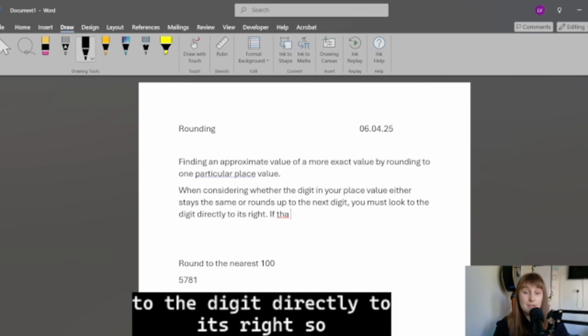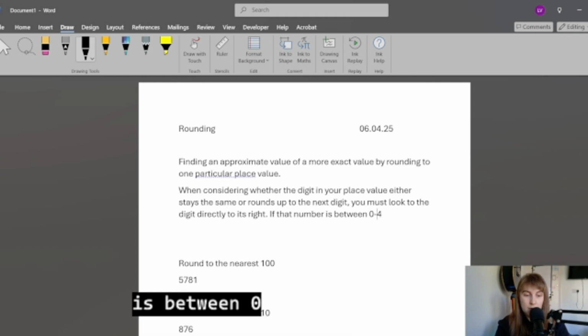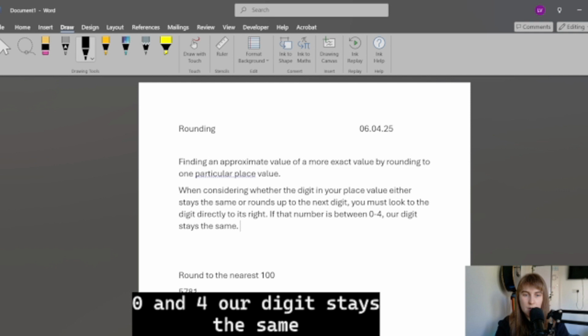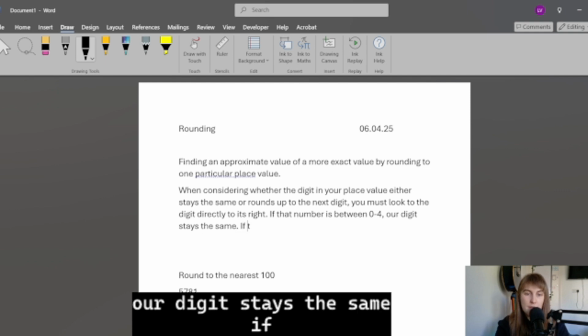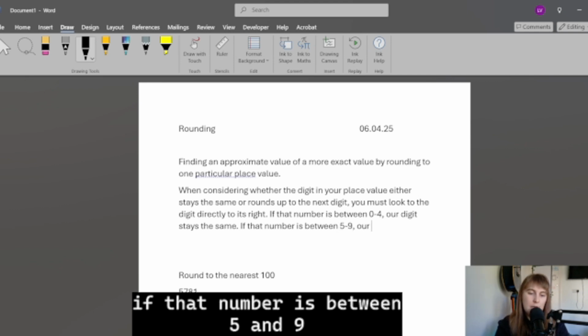So if that number is between 0 and 4, our digit stays the same. If that number is between 5 and 9, our digit goes up.